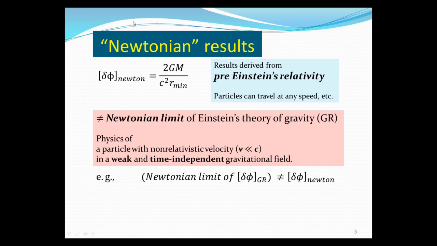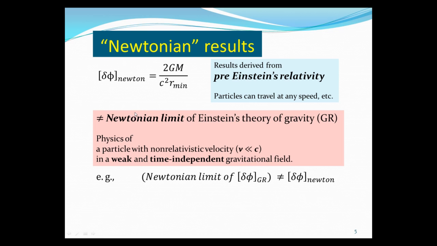Before we finish, let me give you another warning about different things being called Newtonian results. Remember we talked about light deflection. The deflection angle is a Newtonian result. What this really means is the pre-Einstein results, where a particle can travel at any speed it wants to. So this Newtonian mechanics applied to light gives you the angle of deflection this way.